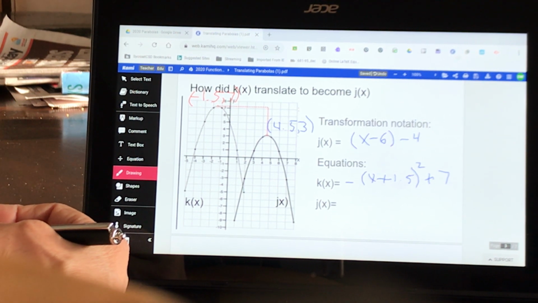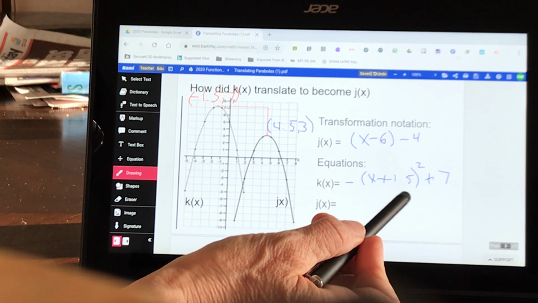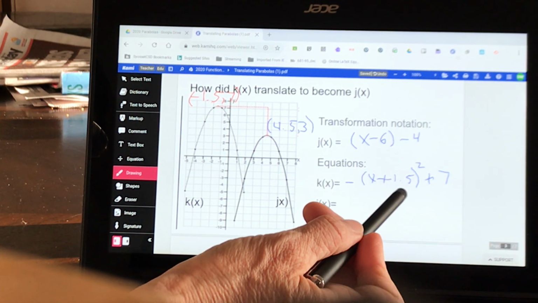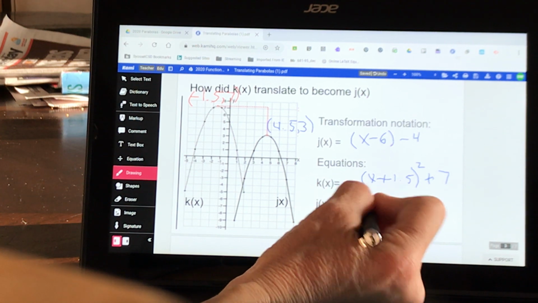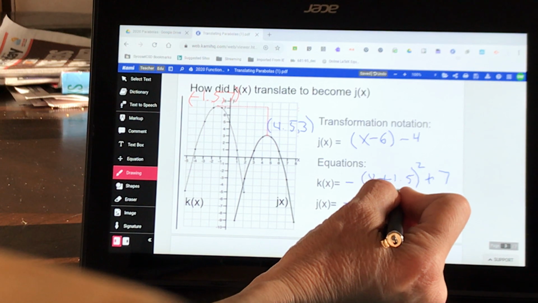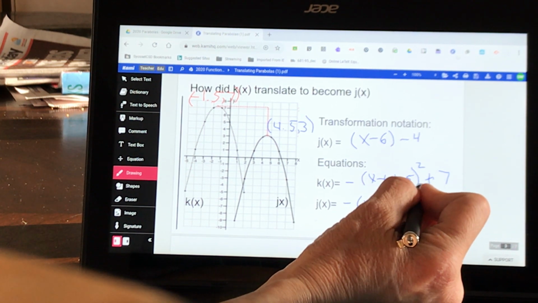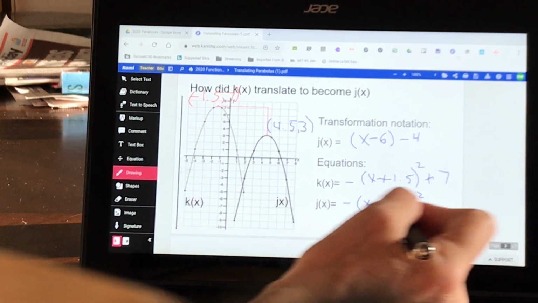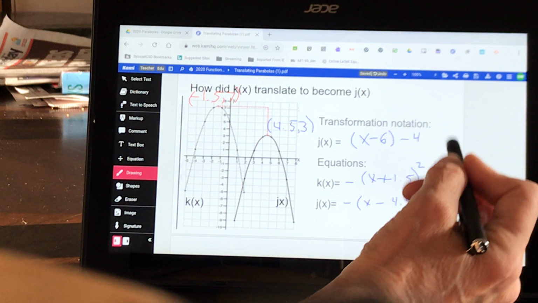Now j of x, really, if you remember that it's moved to the right 6, we can subtract 6 from 1.5, and we don't even need to look at the vertex. We can just look at the translation, and then plus 3, because we came down 4.